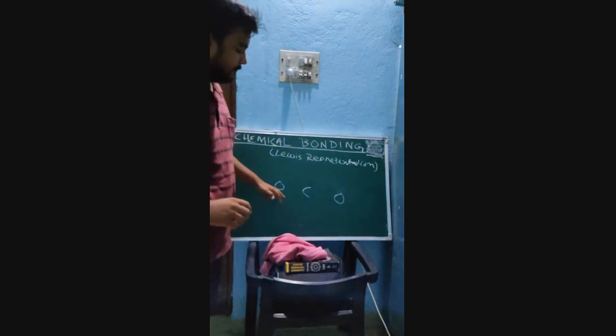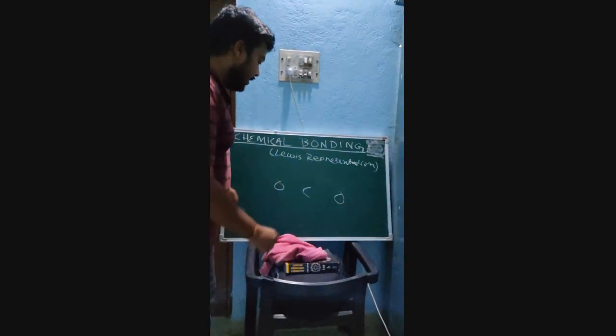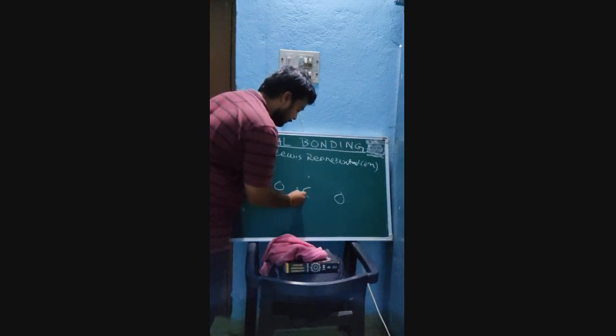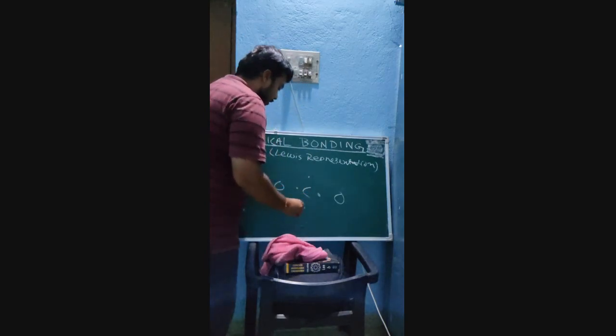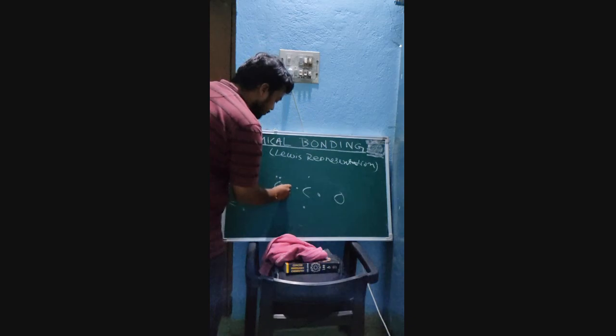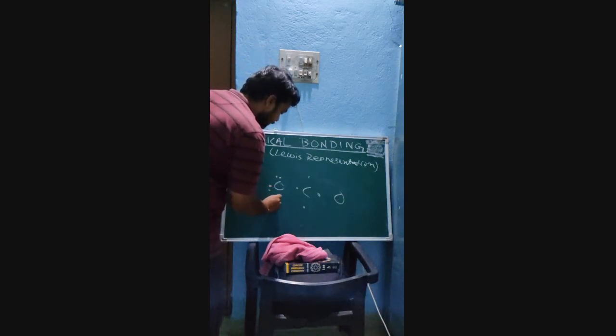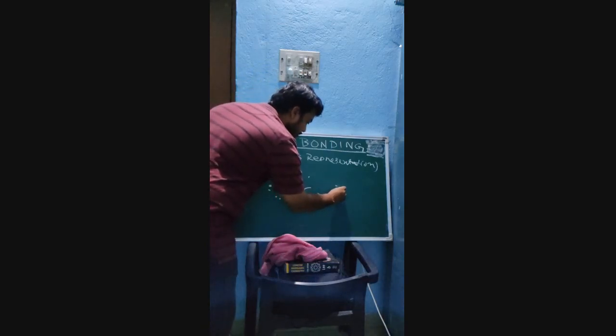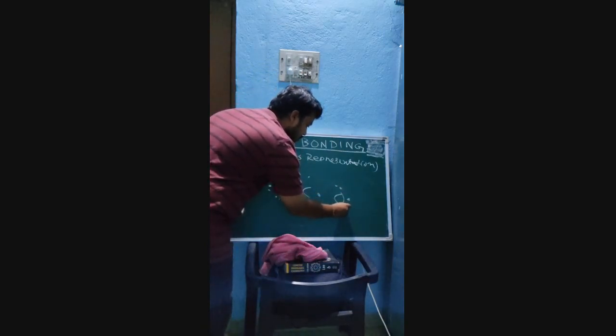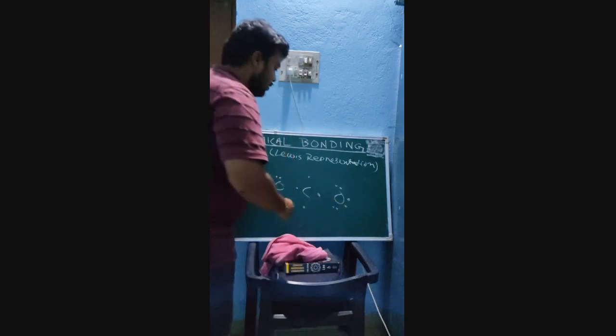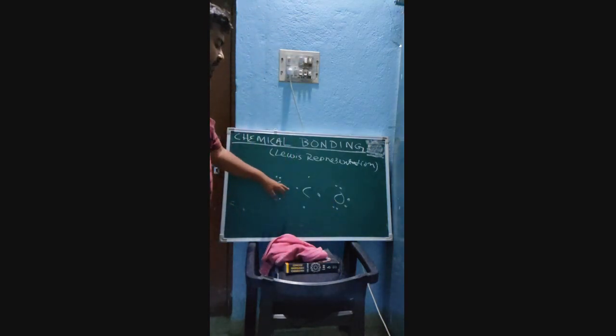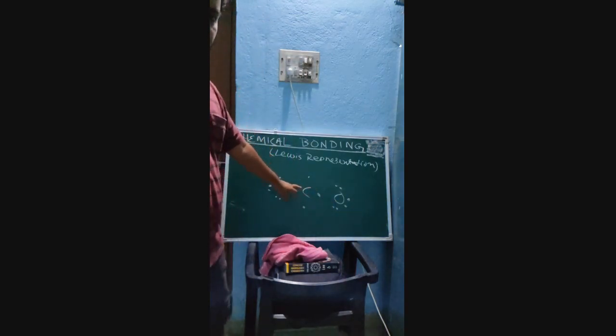Both are correct, whatever you write. So now carbon has 4 valence electrons and oxygen has 6. So there are 16 electrons that are ready for pairing.